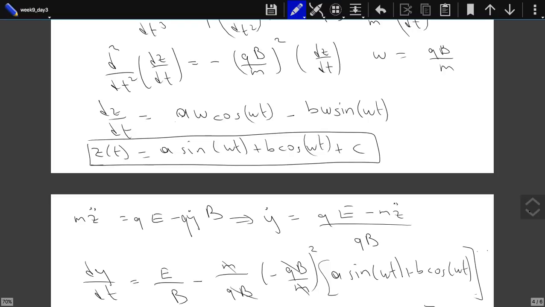Now I have y of t: e over b times t minus a cosine omega t plus b sine omega t plus d.